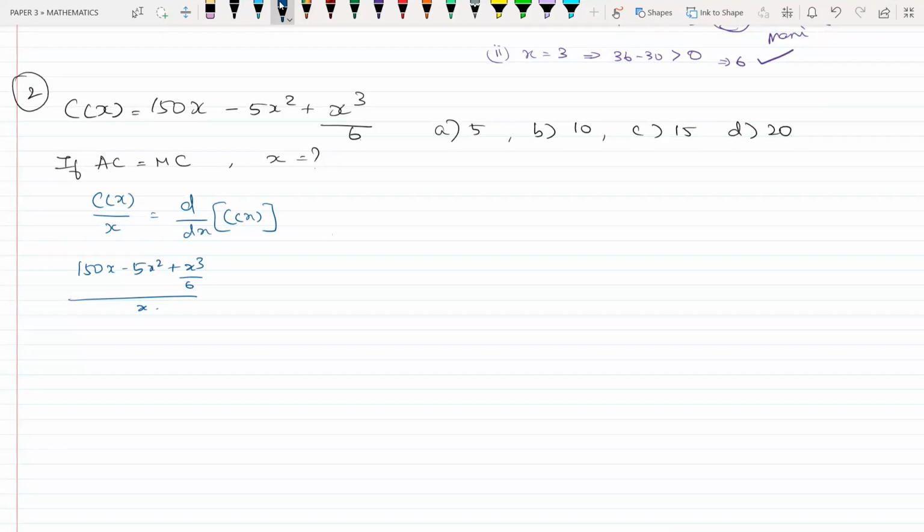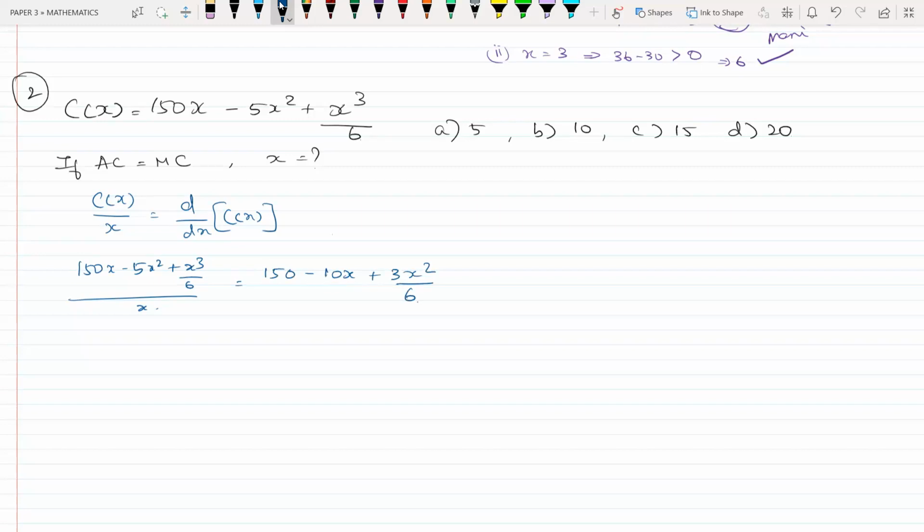Equal to, what is the derivative? 150 minus 10x plus 3x² by 6.